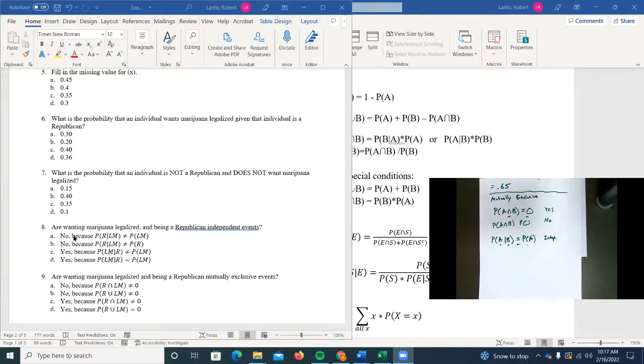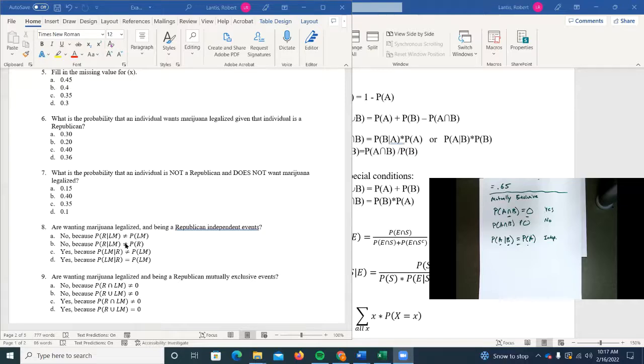Or the answer has to be no, because the conditional probability is not equal to the unconditional probability of one of the events. Right? So right away, it's got to be either B or D, right? They either are independent because this conditional probability is equal to the unconditional probability, or they're not independent because the conditional is not equal to the unconditional probability.